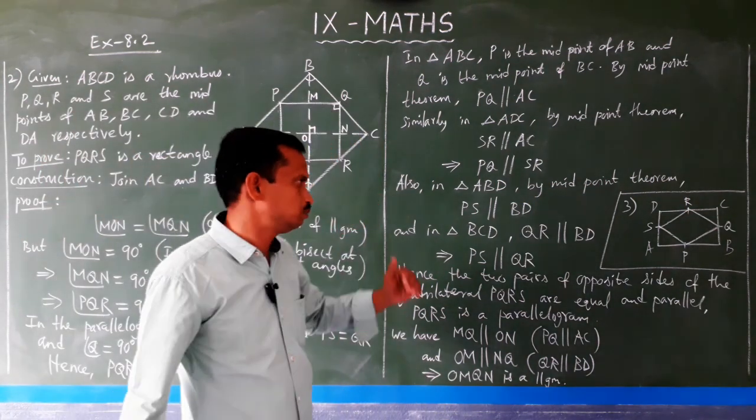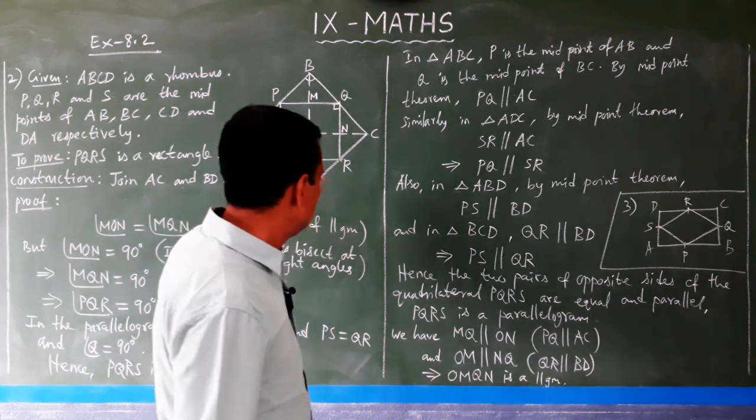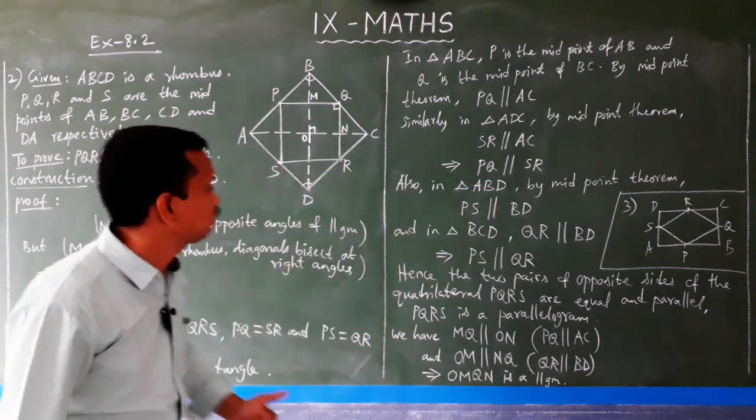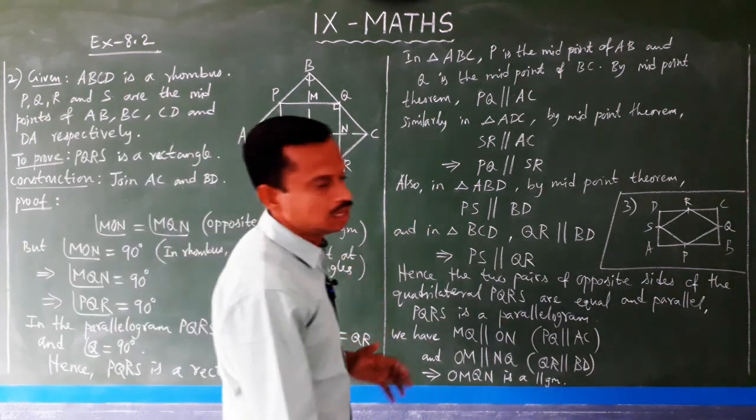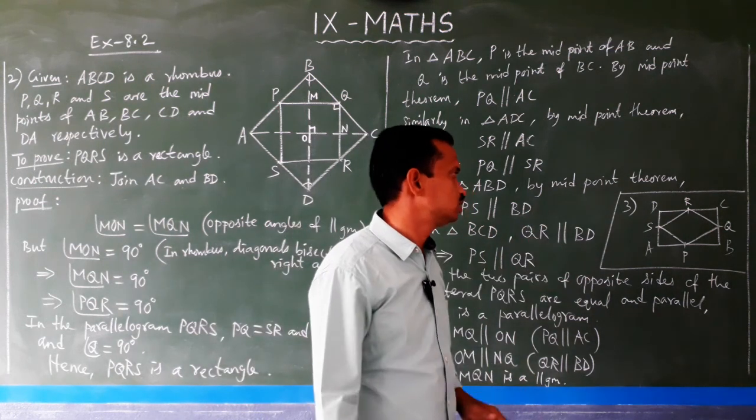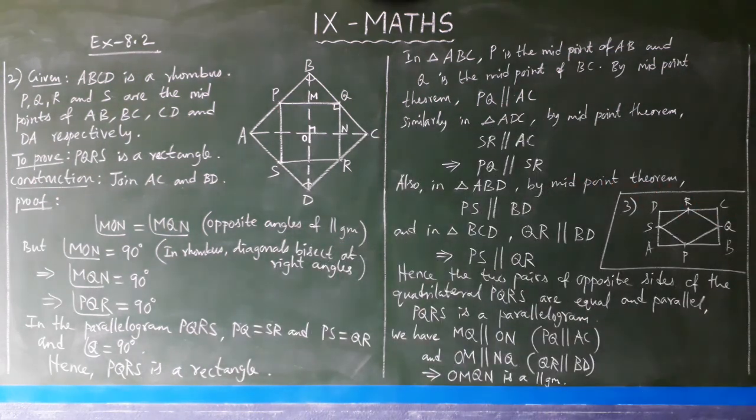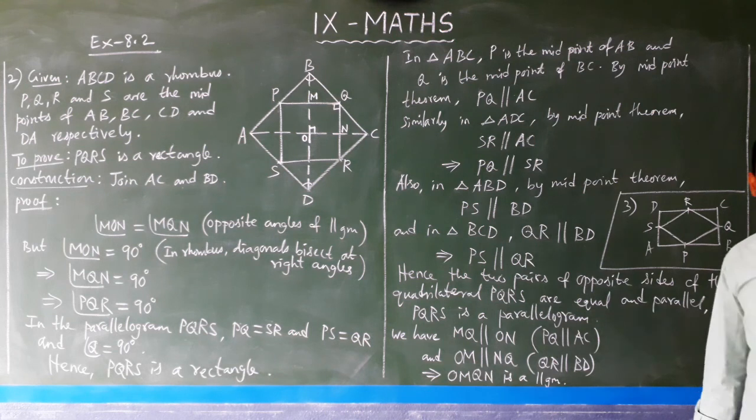So how do we say that PQRS is a rhombus? For that we have to proceed as I explained in question number 2. To say that PQRS is a rhombus, we need all the sides equal: PQ equal to QR equal to RS equal to PS. If you prove all the sides in quadrilateral PQRS are equal, then you can say PQRS is a rhombus.